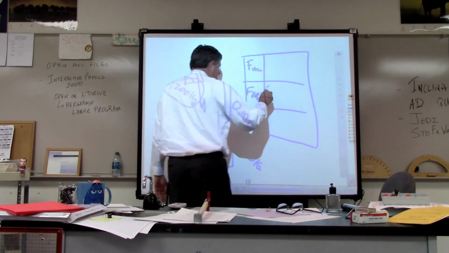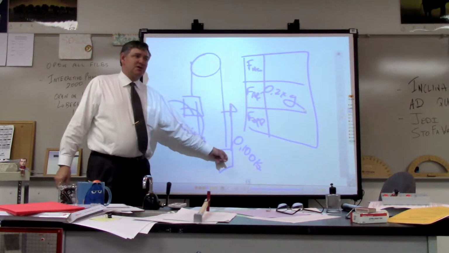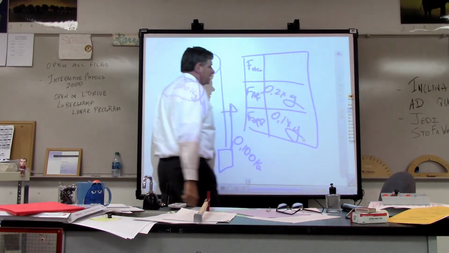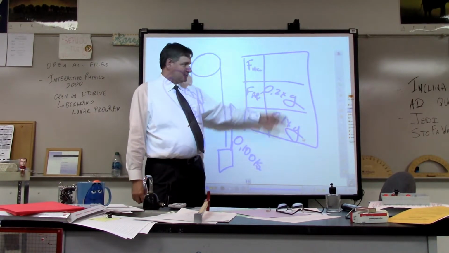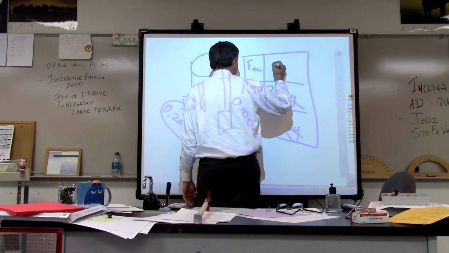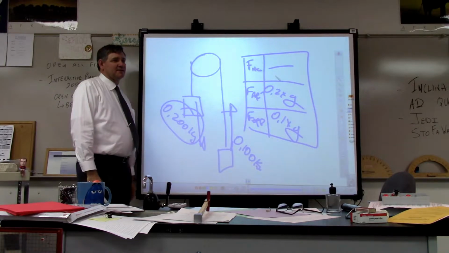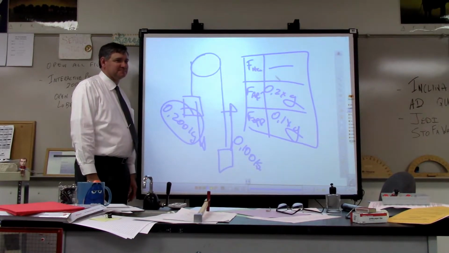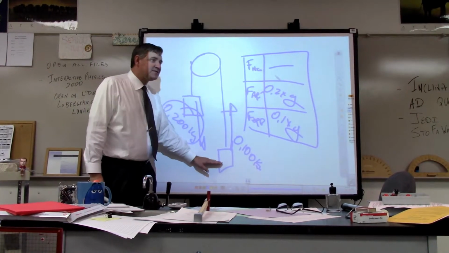So this is going to be 0.2 times G, and this one is 0.1 times G, and the difference between these two is your net. To get your acceleration, can't you just take 0.1 G then? Yeah, that's it, otherwise you're just making the equations harder and longer.